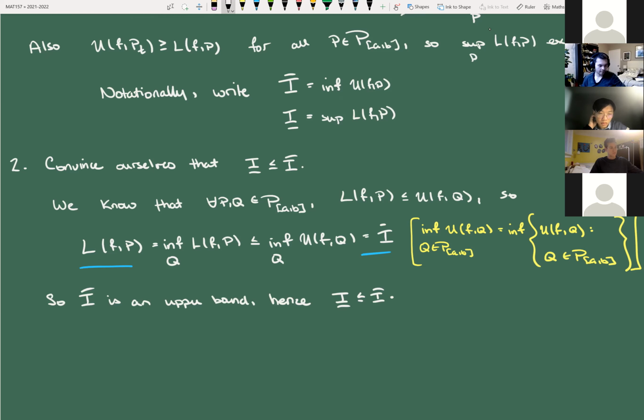So that should be an f there. I wrote L(f,P), and I do want L(f,P) here and here. Right, because L(f,P) doesn't depend on Q, so when you infimize it over Q, it doesn't change.